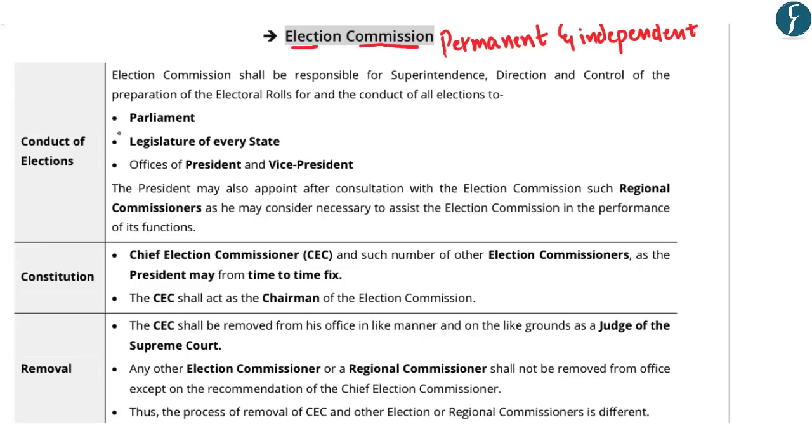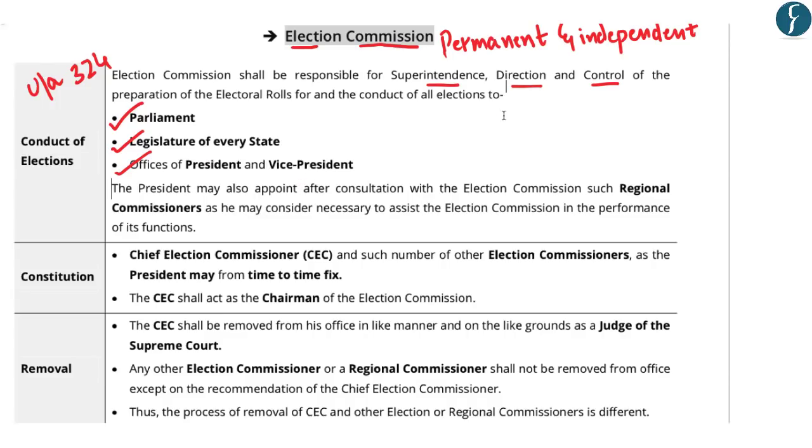The main or the basic objective of the Election Commission is to ensure free and fair elections in our country. Under Article 324 of the Indian Constitution, the Election Commission of India has been given the power of superintendence, direction as well as control of the elections to the Parliament, state legislatures as well as the office of the President and the Vice President.